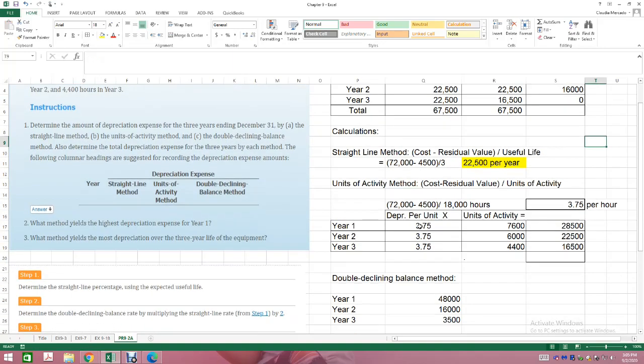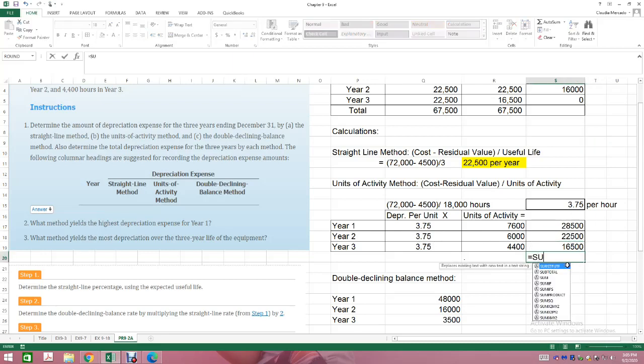That's my total. Units of activity method: we calculated the units of activity per hour. We multiplied it by the units of activity to get our depreciation expense for each of the years based on actual activity. So then this amount gives me, how much does it give me?